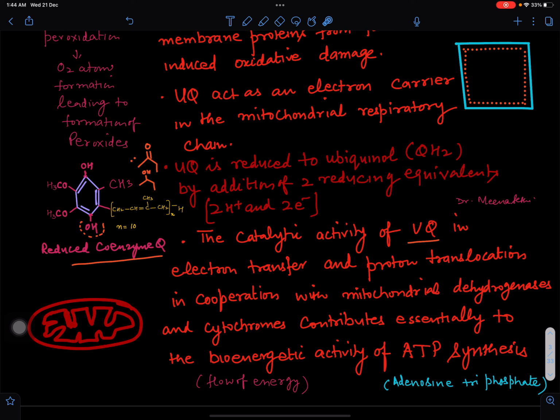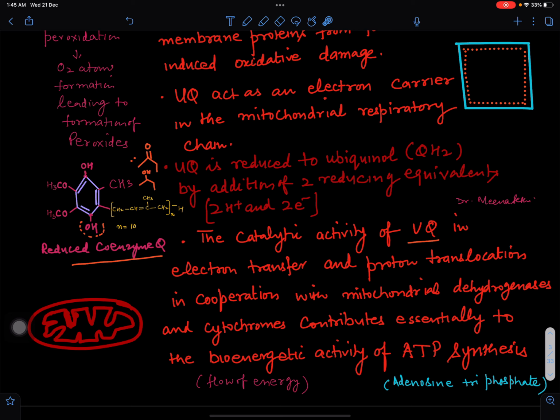Cytochromes are iron containing proteins. I'll share the link in the description box so you can understand what cytochromes are. So cytochromes will again help in transportation of the electron, and during that process there is flow of energy, which is called bioenergetic activity, which will help in formation of ATP. ATP is the energy currency of the cell. So ATP formation is done with the help of ubiquinone due to its catalytic activity.